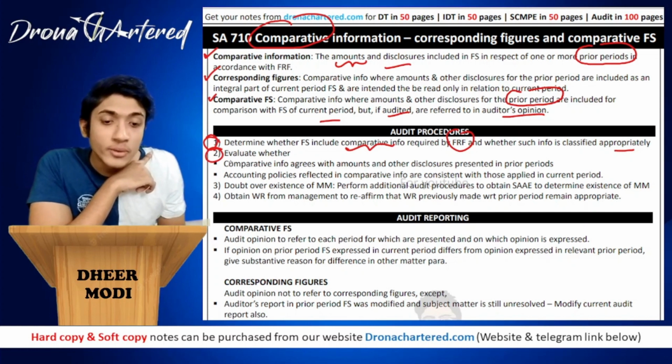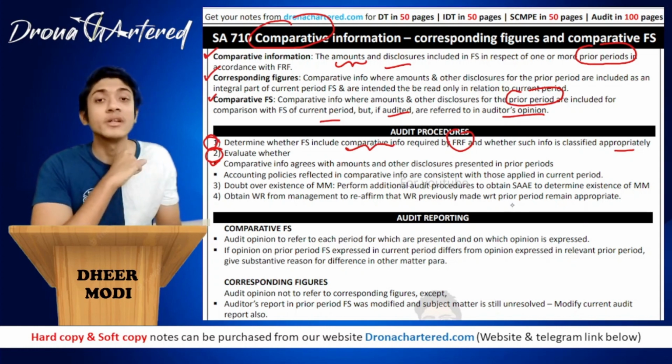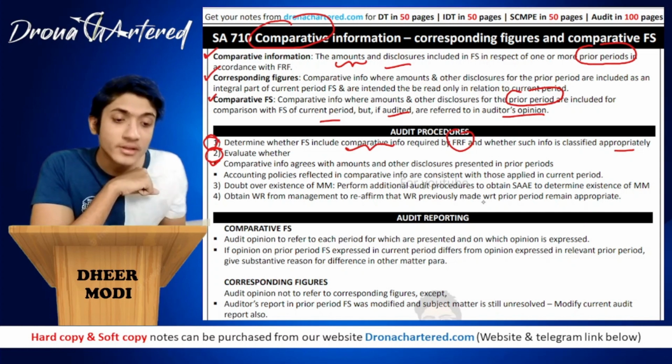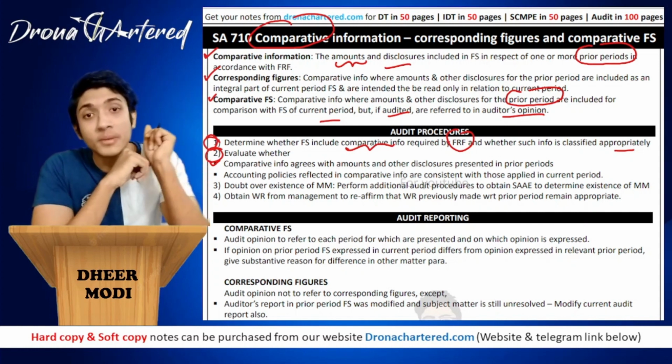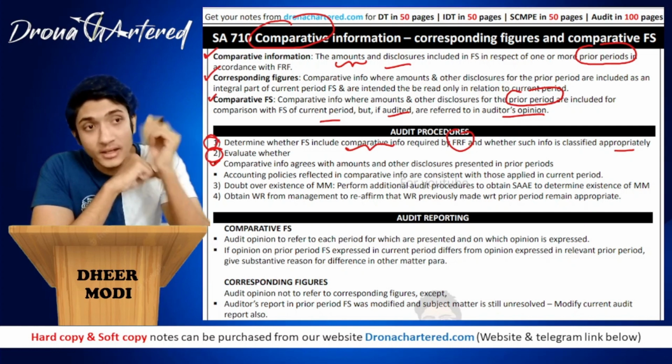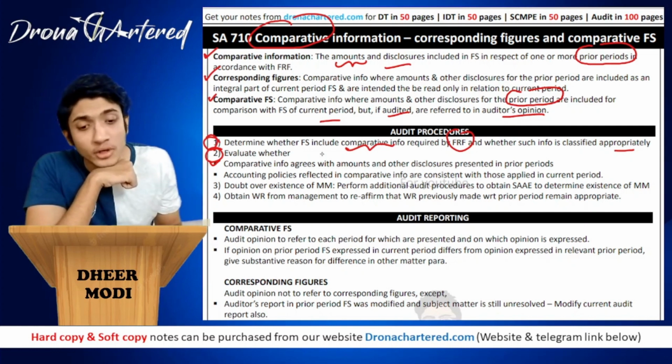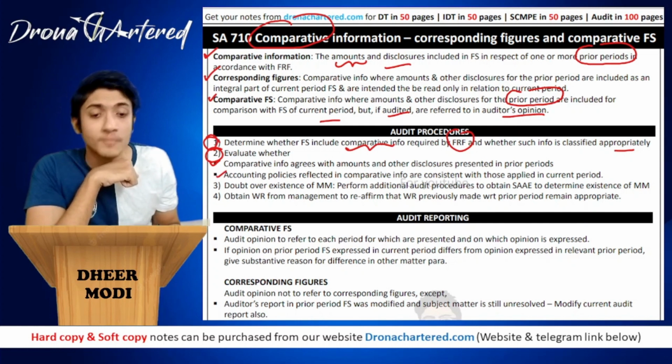Second, evaluate whether comparative information agrees with the amounts and other disclosures presented in prior periods, that is, whatever we had presented earlier, do they both correspond to each other or not.